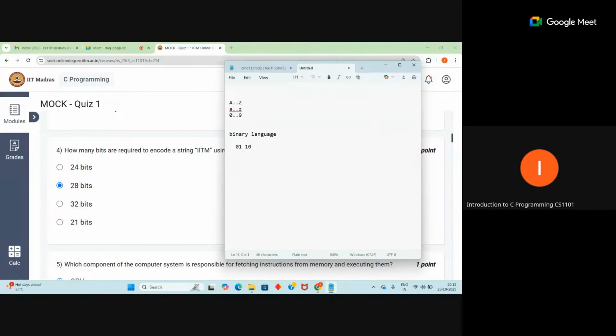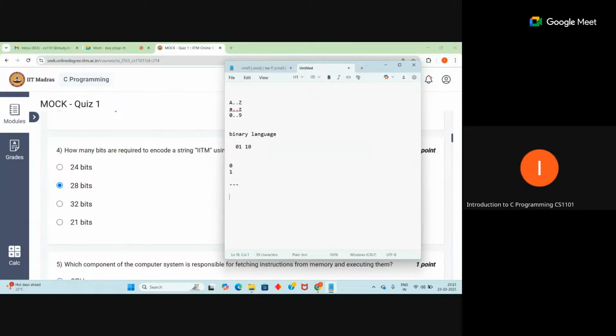If you take one bit of data, it can represent only two different values. That bit can be 0 or 1.